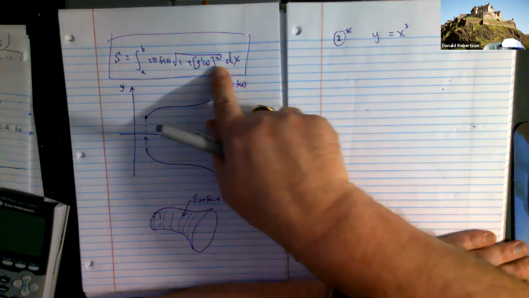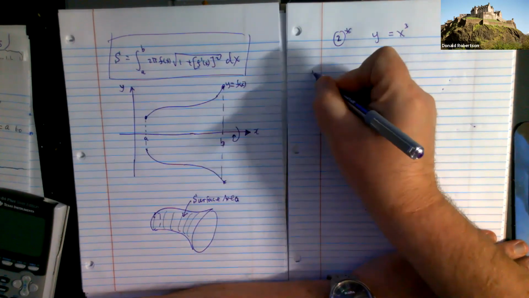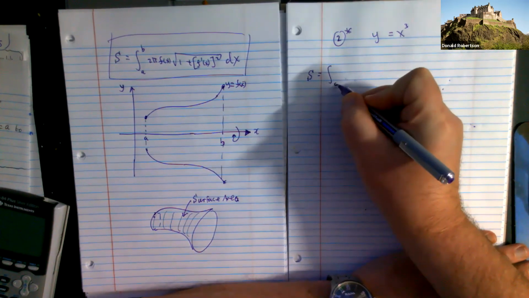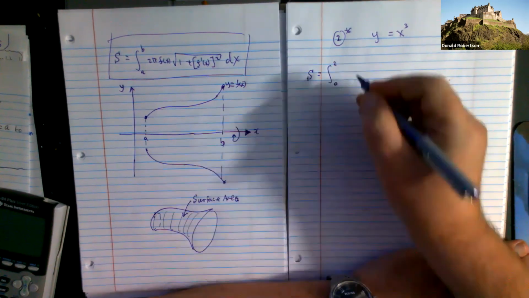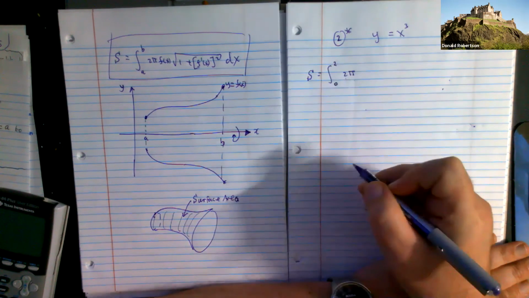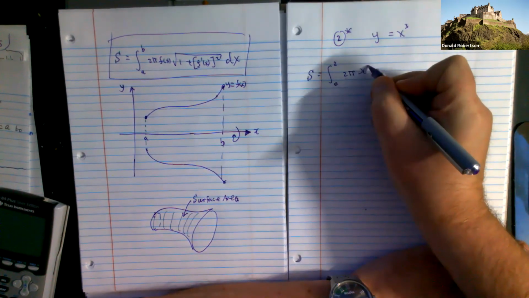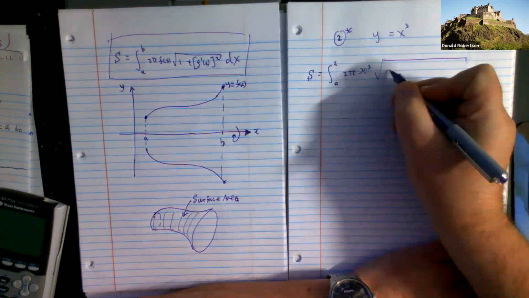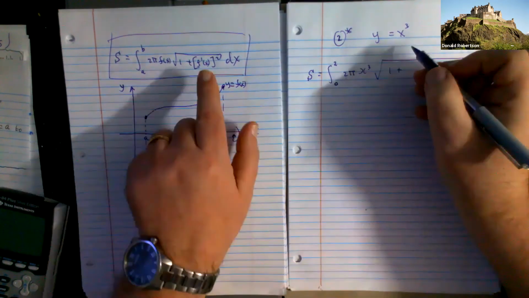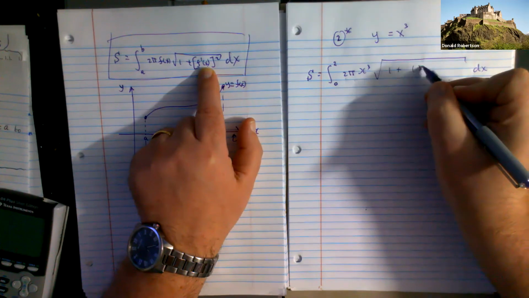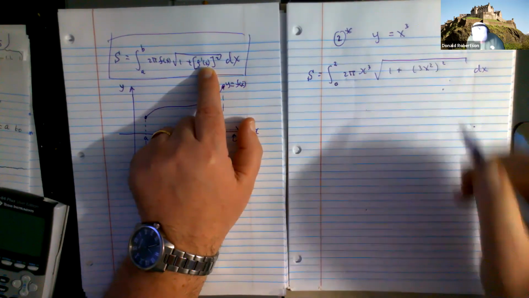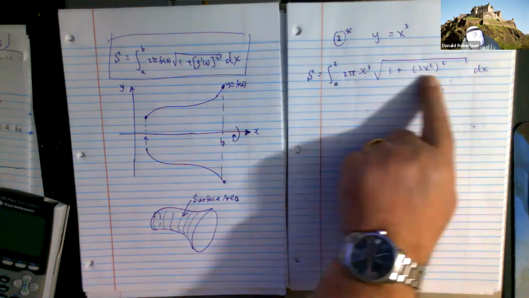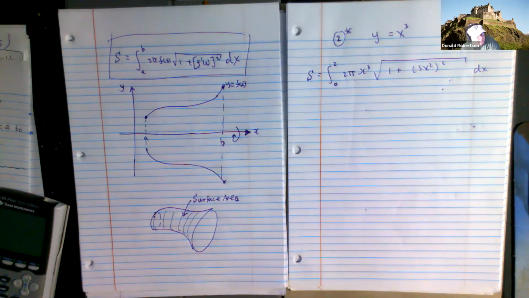In order to get the surface area, we're going to have to do the integral from a to b, 2 pi f of x, the square root of 1 plus the derivative of this squared. Because that particular expression was so simple, I managed to do that in my head without too much work.